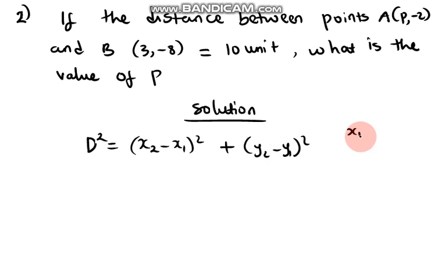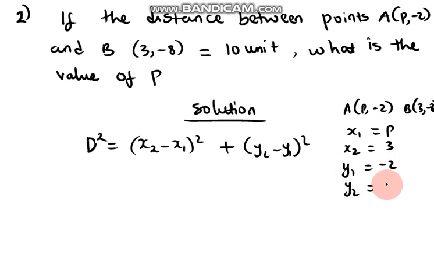Now we have been given A to be p comma minus 2 and B to be 3 comma minus 8. So our x1 is p, our x2 is 3, our y1 is minus 2, and our y2 is minus 8.